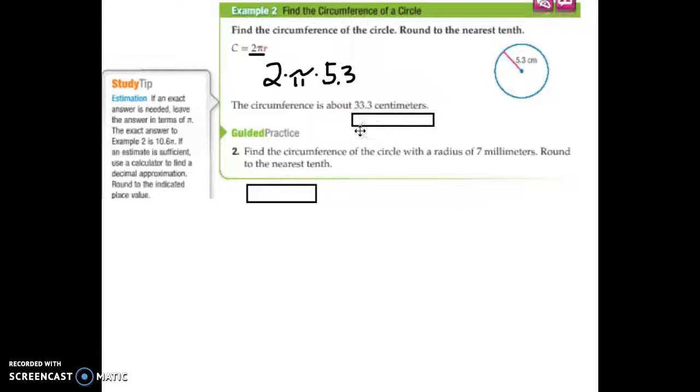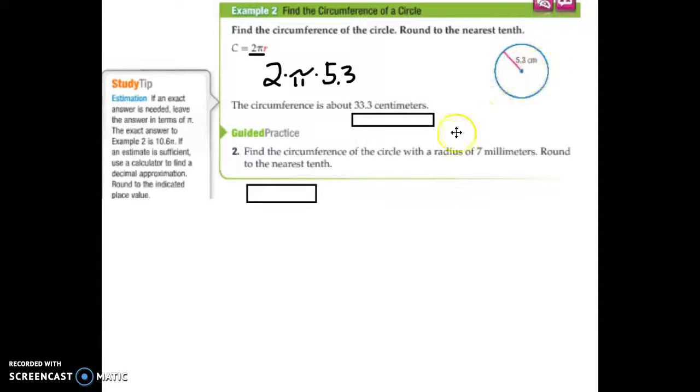Okay, so I'm probably going to use this formula here because they give me the radius. So I do 2 times pi, 3.14, times my radius of 5.3, and just multiply all those together. I mean, 2 times 5.3 is 10.6. So if you just want to do 10.6 times pi, that's going to give you an answer of 33.3.